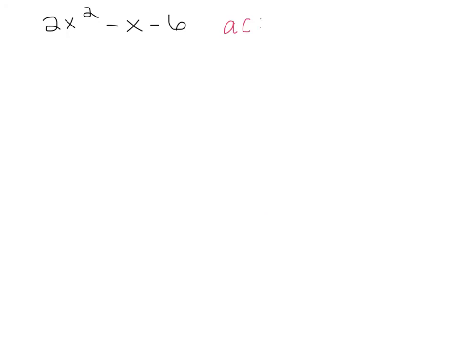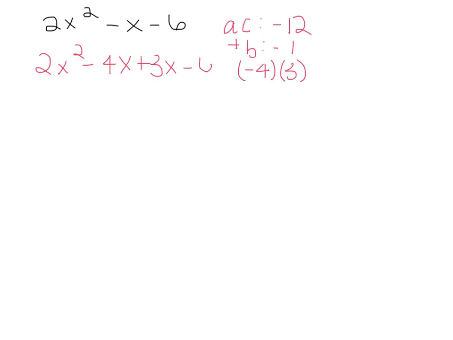So we have to take 2 times -6 and we get -12, and it needs to add to -1. So numbers that multiply to -12 that add to -1 are going to be -4 and +3. Okay, so bring down the 2x squared, then write the -4x, then the +3x, and then the -6. And remember, draw the line down the middle of it.